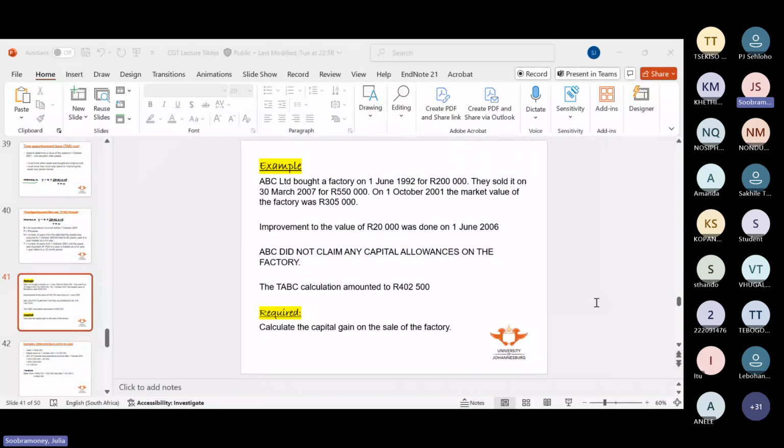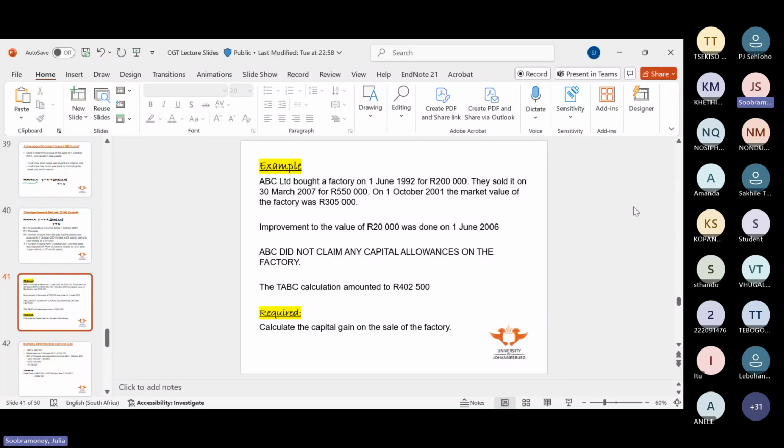We work out proceeds less my base cost to determine the gain or the loss. So you're going to skip all the steps where you have to work out tax value minus recoupment. You're going to skip that and go straight into CGT. The reason is because there's no allowances on the asset. So there's no need to perform those calculations, right? Tax value will always equal to cost price at the end of the day.